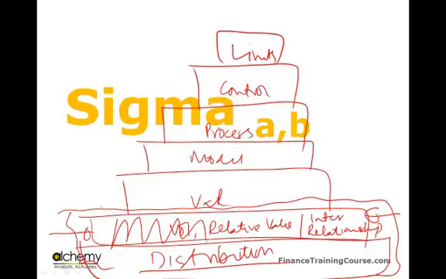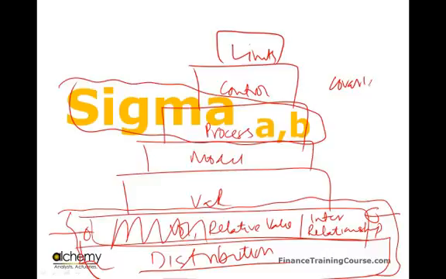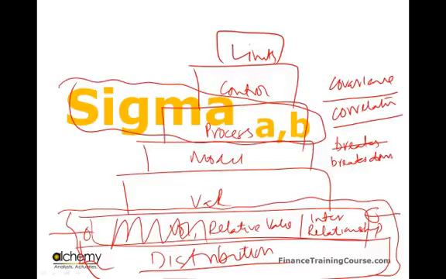You'll find the worst that can happen is that this sigma AB, we know this as covariance, and another derivative form as correlation, this sigma AB breaks down. That's the challenge.